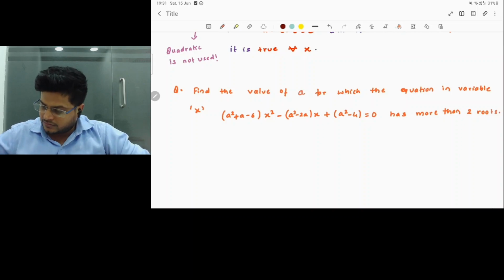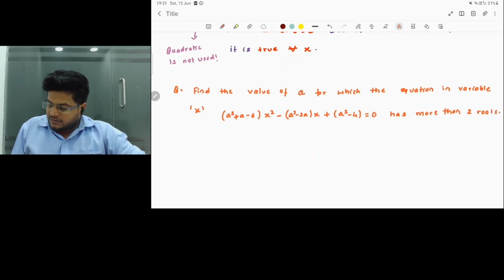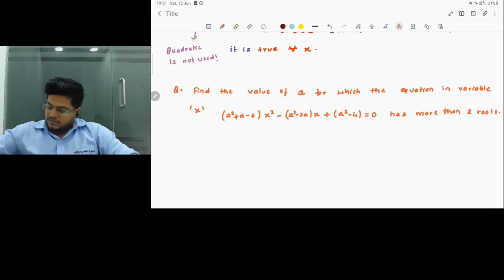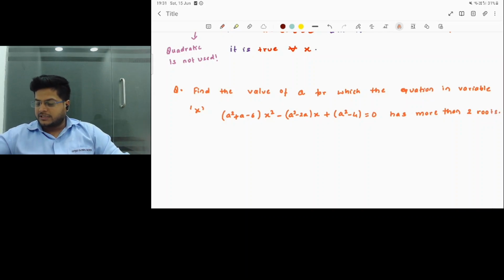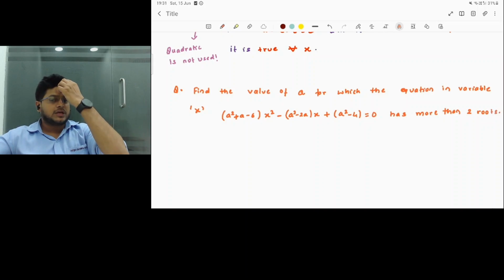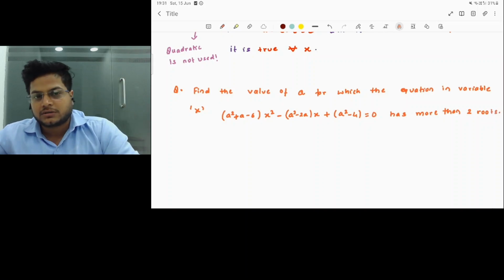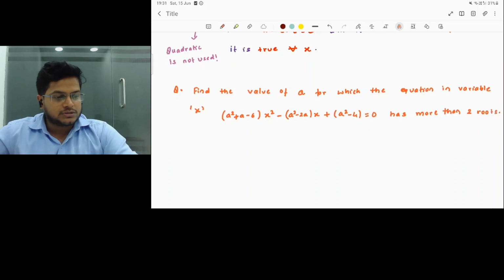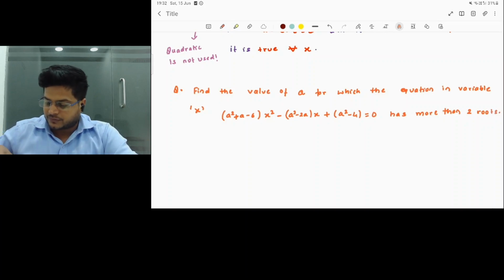Find the value of a for which the equation in variable x, a square plus a minus 6 times x square minus a square minus 2a times x plus a square minus 4 equals 0, has more than 2 roots. How to approach this? Again, you can pause the video, give it a try, and then come back and check your answer.